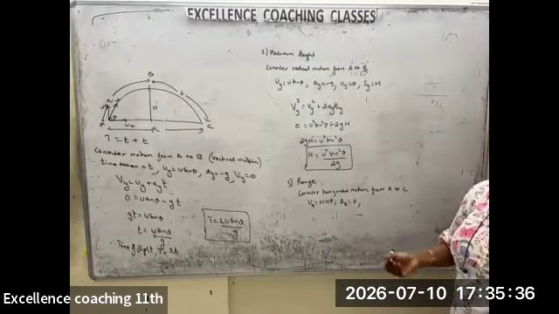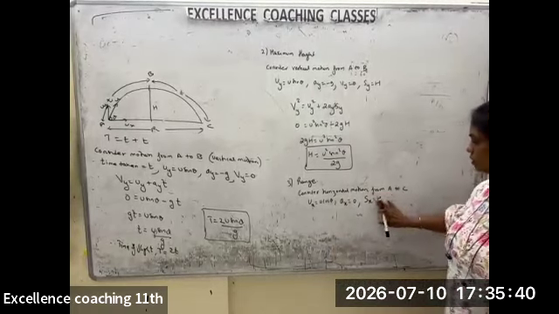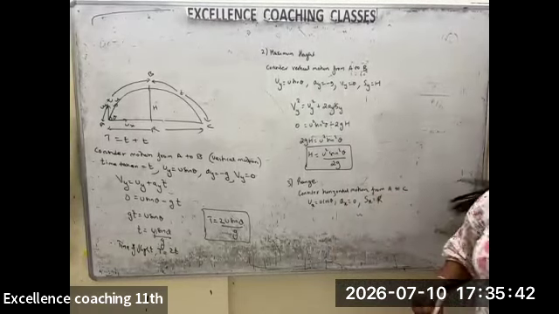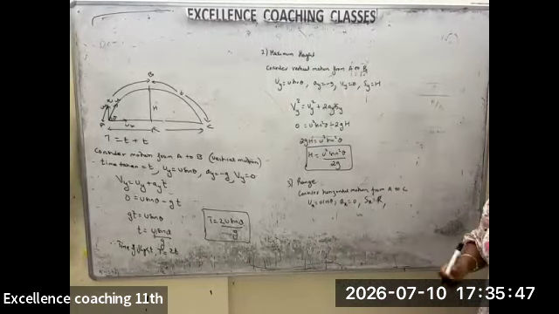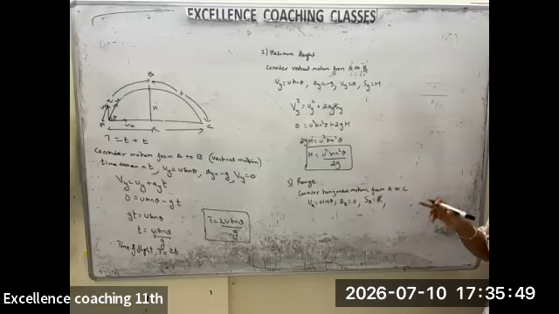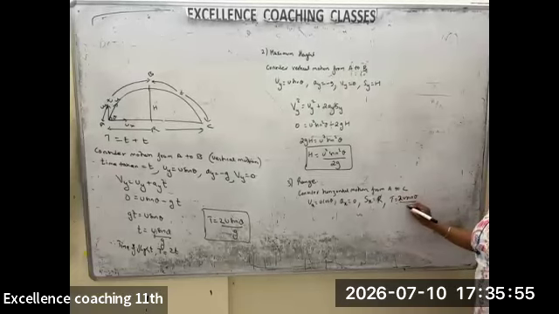Distance, how much it is covered. What you are going to find out is R. From A to C, how much time did it take? A to C, that is what? Time of flight. So T is equal to 2u sin theta upon g, correct?